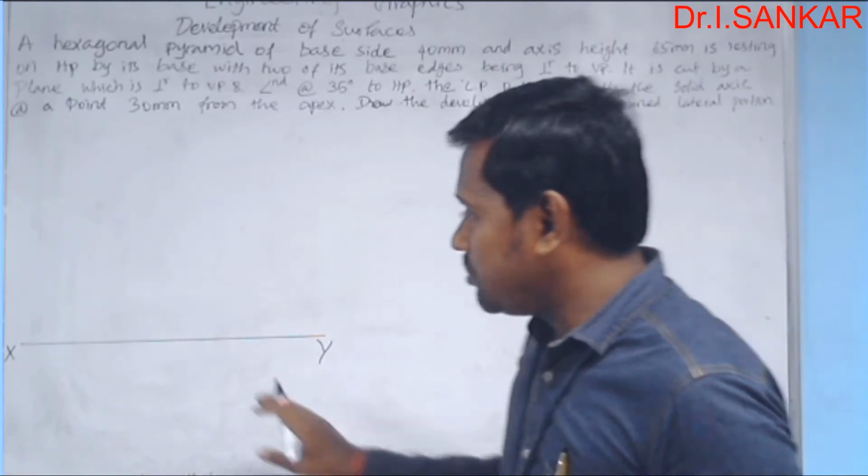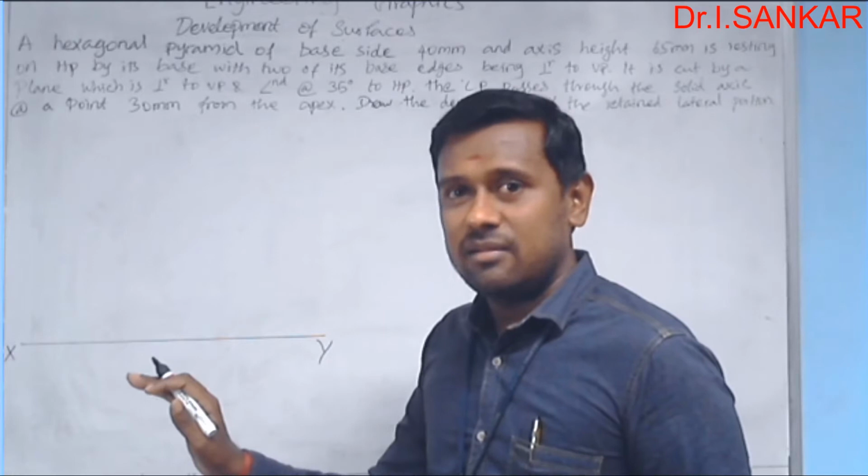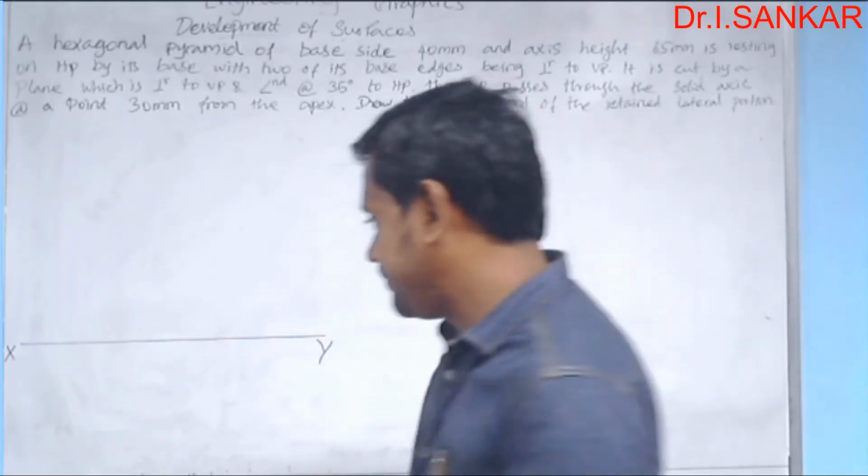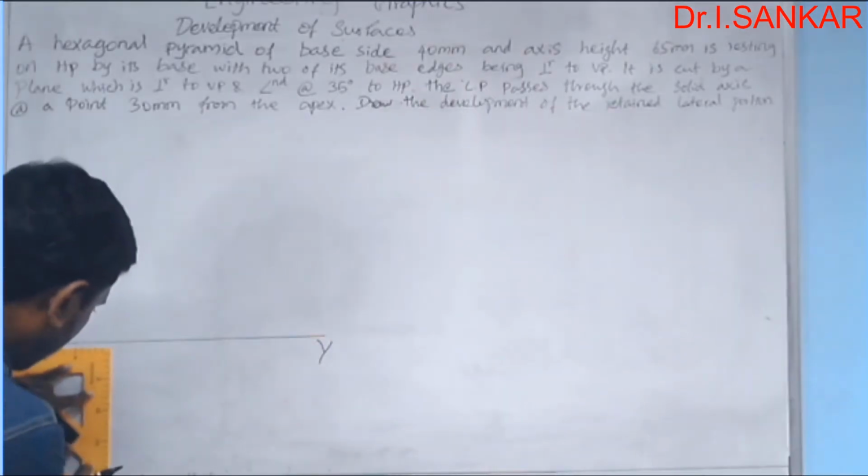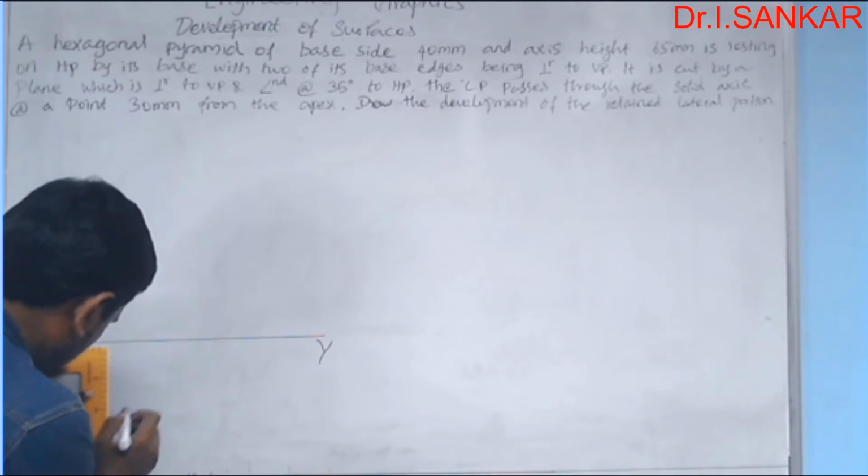So I have to draw the base view hexagon in the top view only, followed by drawing the lateral view in the front portion.